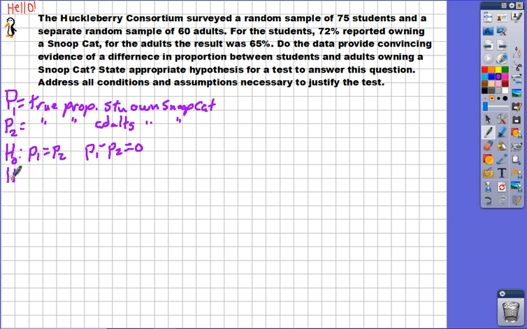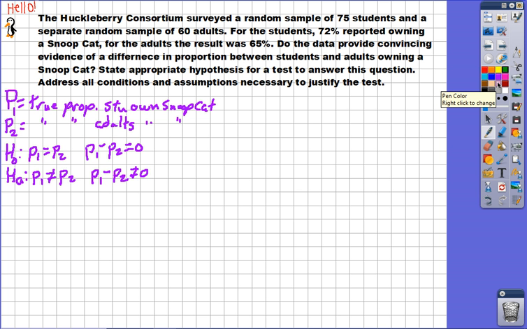Our alternative hypothesis is that P1 is not equal to P2. They didn't say anything about one being higher or lower in particular, they're just checking if it's different or not. Another way of saying that would be P1 minus P2 does not equal 0. So there are our parameters and our hypotheses, our null and our alternative.